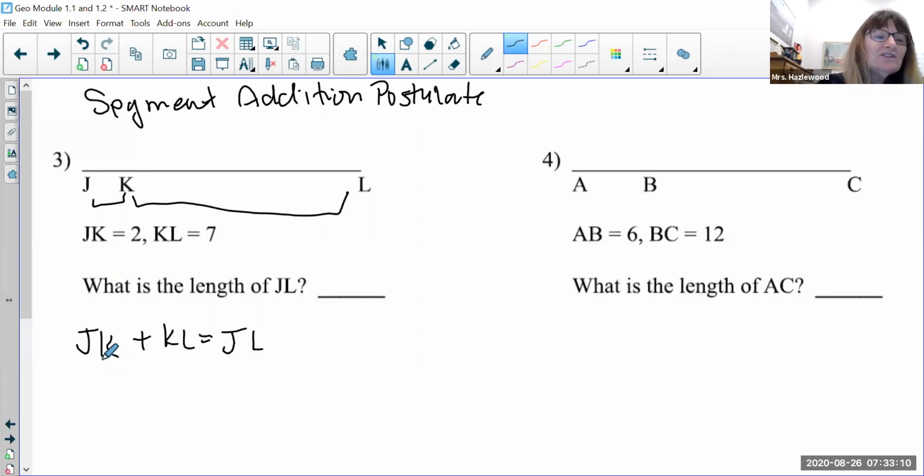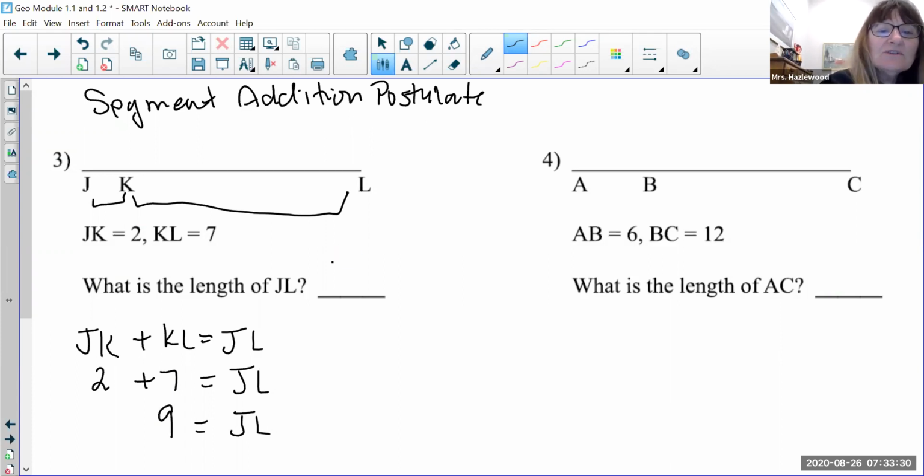JK is 2 and KL is 7, so 7 plus 2. So I know JL equals 9 units. So I'm just going to answer the question. It's 9 units.